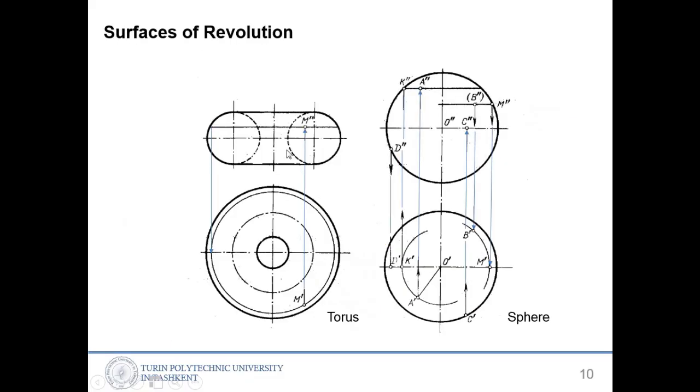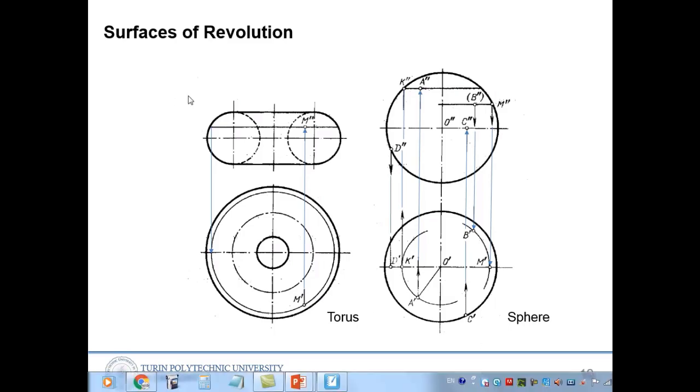Examples of surface of revolution are the torus and the sphere. The torus is kind of like this hole, but inside there is the circular shape that is rotated along the axis, and there is some distance.